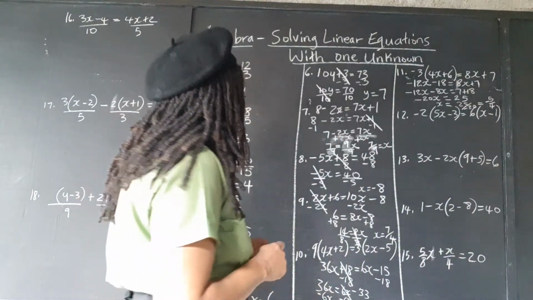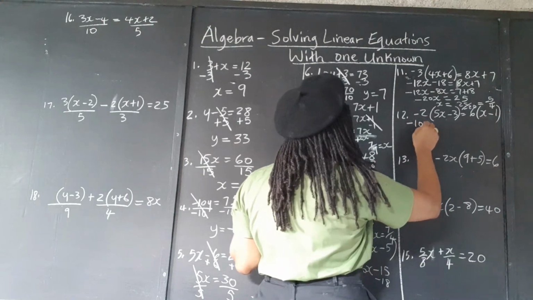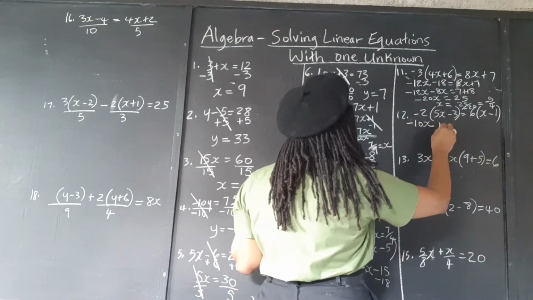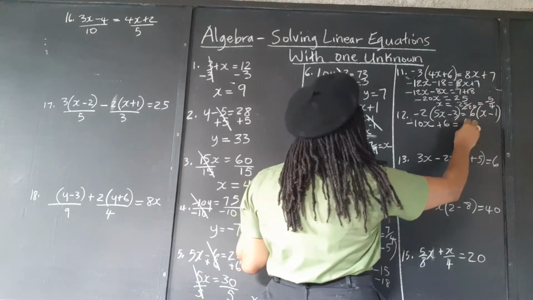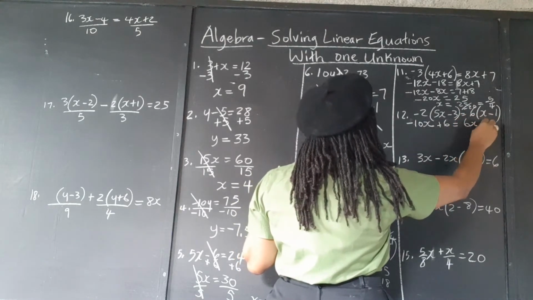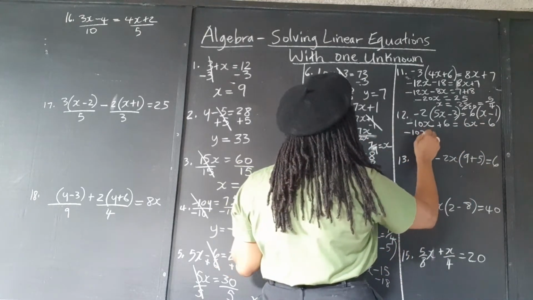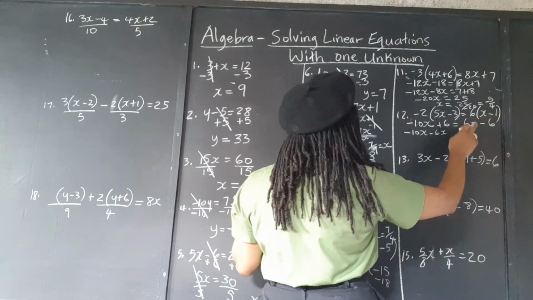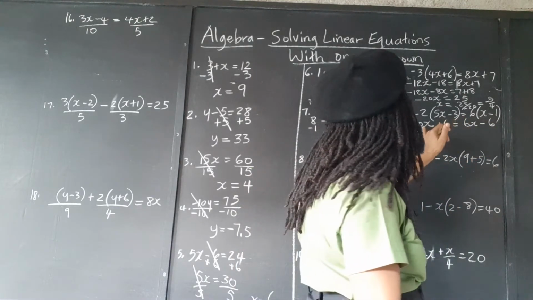Alright, so again we expand our brackets. Negative 2 times 5x, negative 10x, negative 2 times negative 3, positive 6, 6 times x, 6x, 6 times negative 1, negative 6. So we'll have negative 10x minus 6x, because we subtract 6x from both sides, that will cancel.